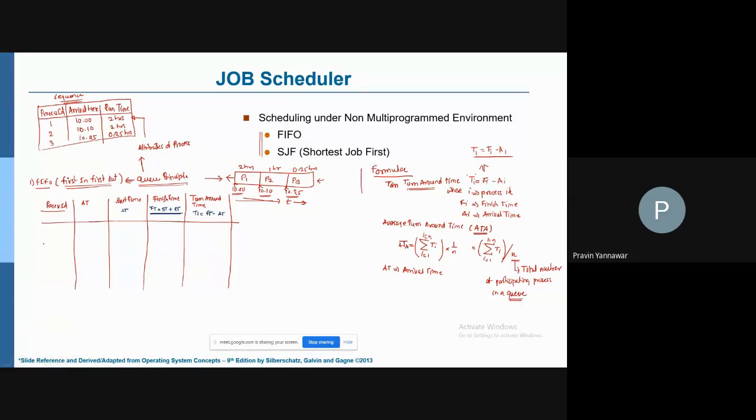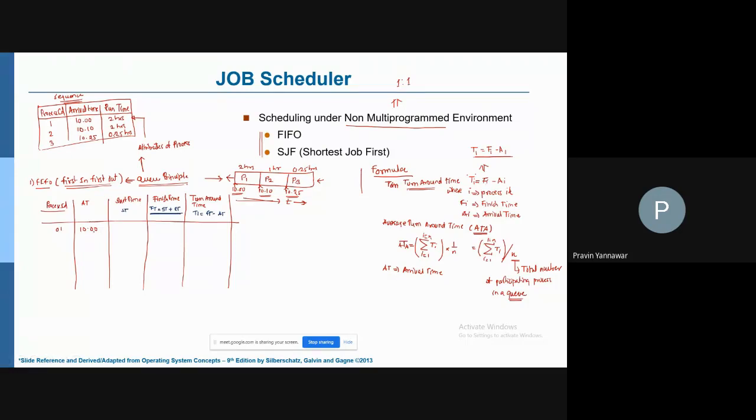Let us see process ID 1, which arrived at 10.00. Now look at this: at 10.00 we don't have any process. This is under a non-multiprogramming, non-time-sharing environment, so there is a one-to-one correspondence between one process and one processor.